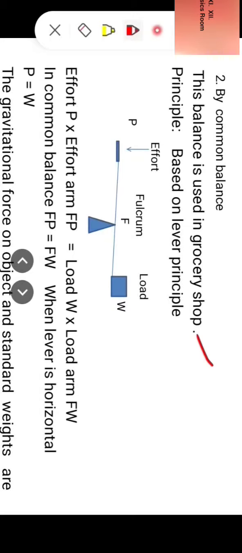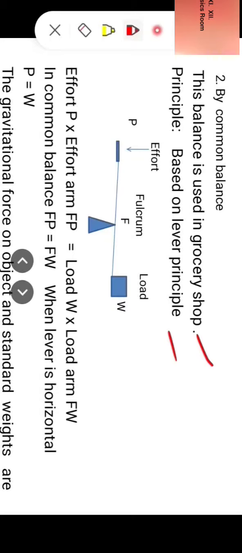What is the principle of common balance? It is based on the lever principle. What is the lever principle? Effort into effort arm is equal to load into load arm. I repeat, effort into effort arm is equal to load into load arm.